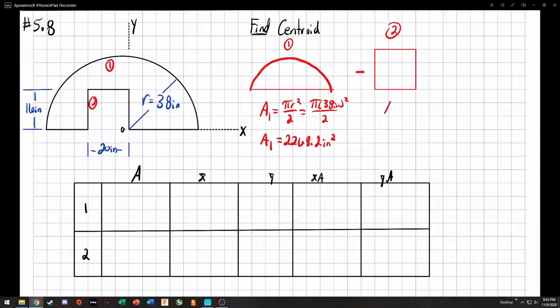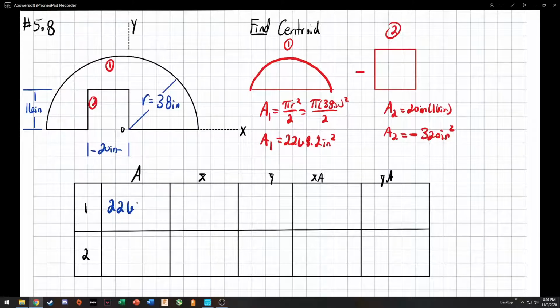Now we need to find our area of a rectangle, which is going to be 20 inches times 16 inches. We get area 2 to be, but keep in mind we're subtracting this, so it's going to be a negative 320 square inches. Knowing our values, let's go ahead and start plugging them into our table.